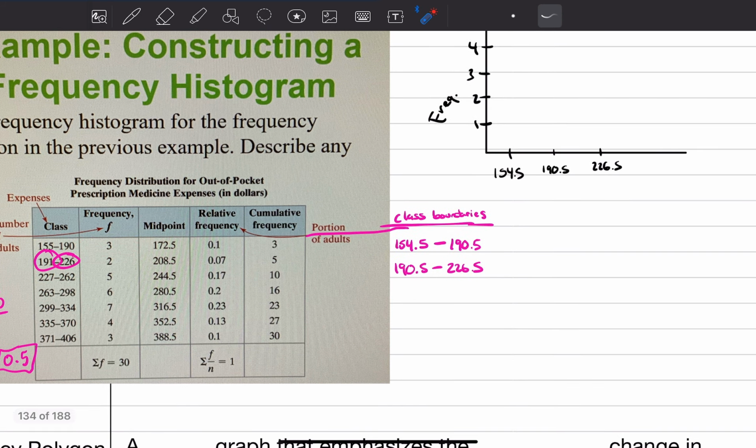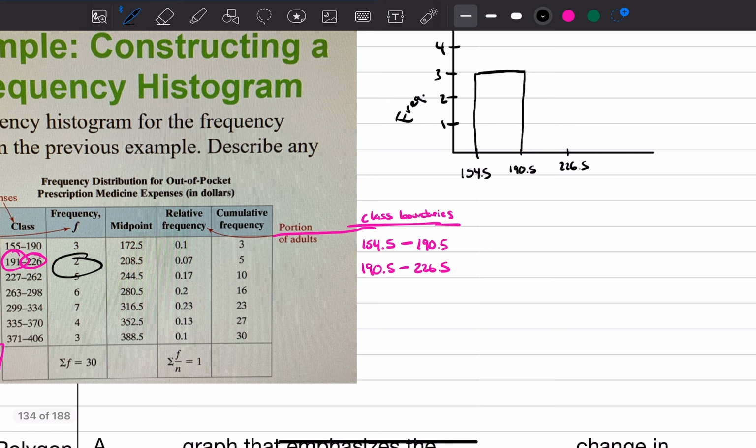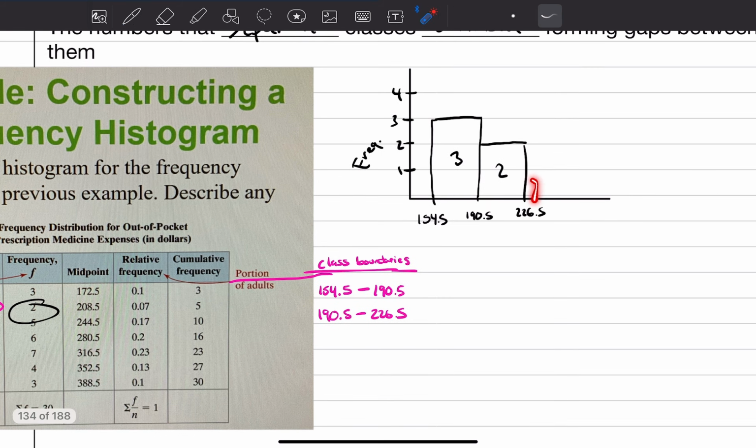So I will make this bar go up to 3, like that. The next class has a frequency of 2, so I will make this bar go to 2, and now you notice that they will be touching. Okay, and then you can write the number in there if you'd like. And go ahead and finish the rest of this histogram.